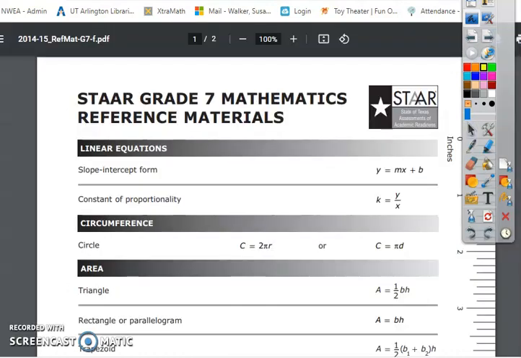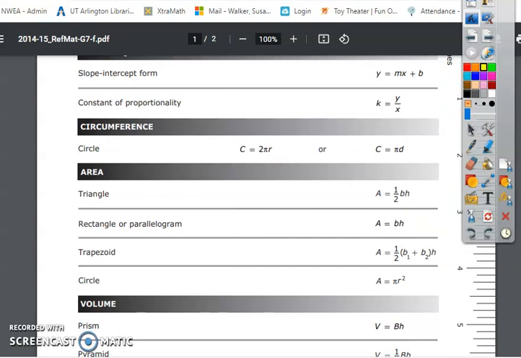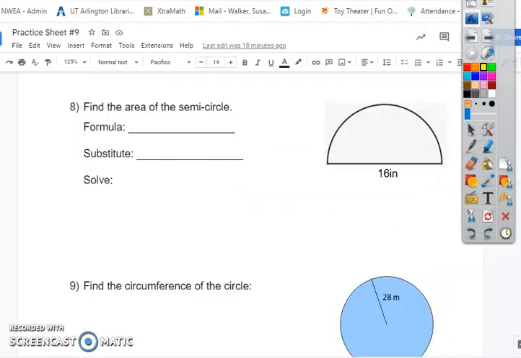Okay? Number 8, find the area of the semicircle. So with area, I want to make sure I have my formula chart out. Area, I don't use circumference formula. Come down here, area, A equals pi r squared. And you are going to do this one alone. I am going to draw your attention to this though.